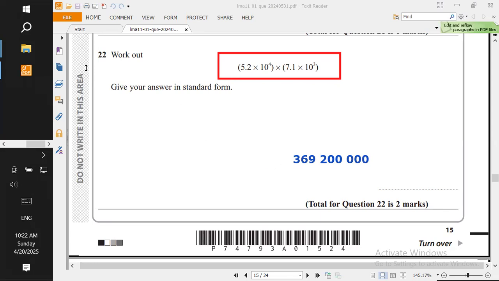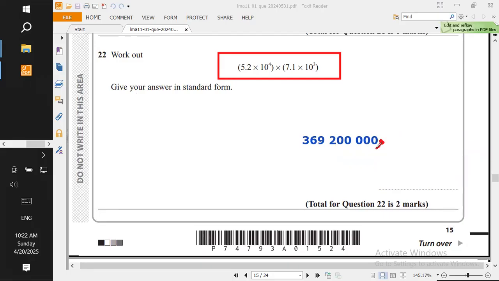And then you turn it into standard form. Now, let me show you how you turn this into standard form. First, let's find the decimal point. We have no decimal point here, which means that the decimal point is here. Now, we're going to move the decimal point to put the number in standard form. Standard form means the number should be between 1 and 10, multiplied by 10 with a power.